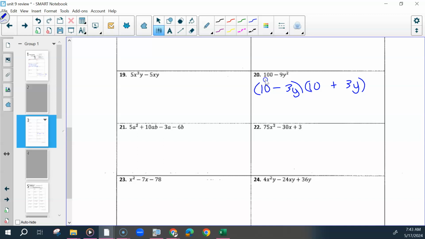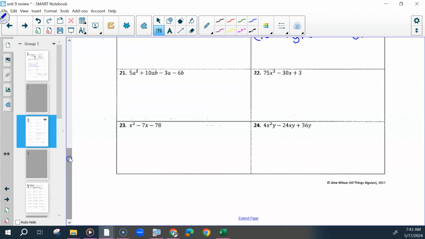21 is grouping, but we can still do that. So grouping, 4 terms. Split it down the middle. What's the GCF of the first 2? 5a, leaving a plus 2b.